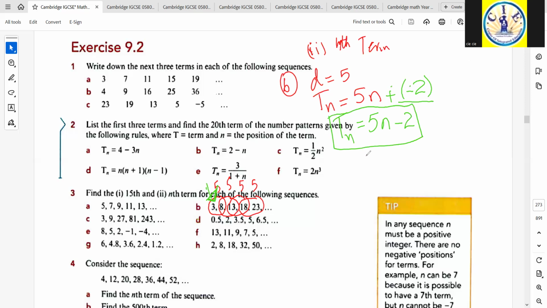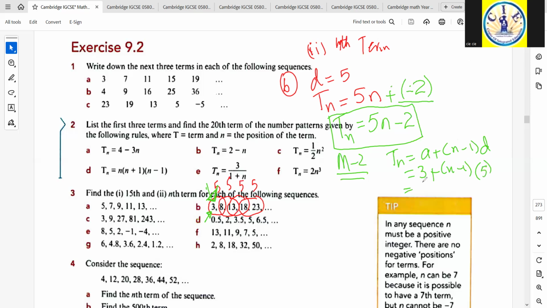And similarly, this can also be calculated using the formula a plus n minus 1 times d. The first term of the sequence is 3, plus n minus 1, and the common difference is 5.